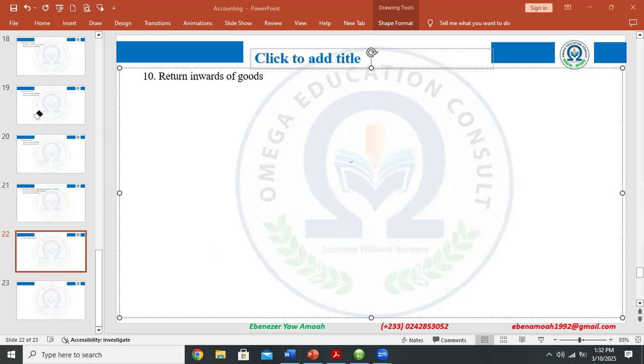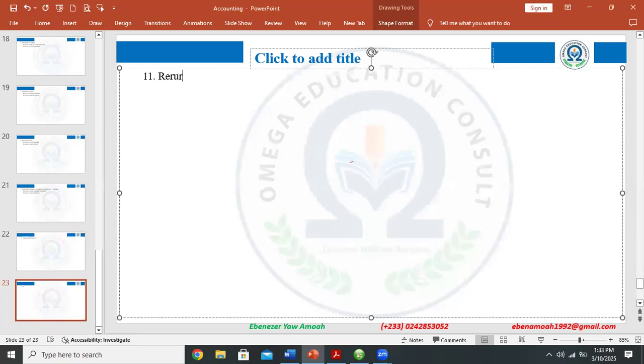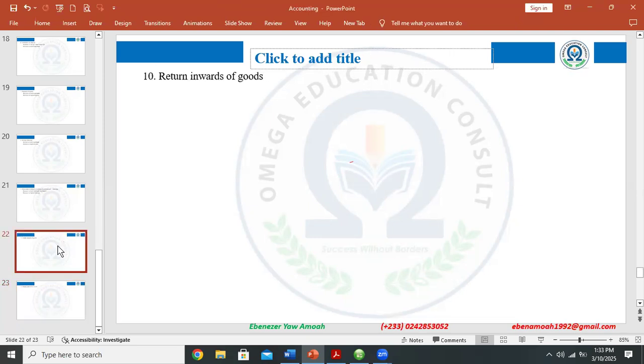So let me put the return outwards, which will obviously be number 11. Now, at what point do we say return inwards? Return inwards is the point where the business sells to customers, and then the customers return the goods back to the business.